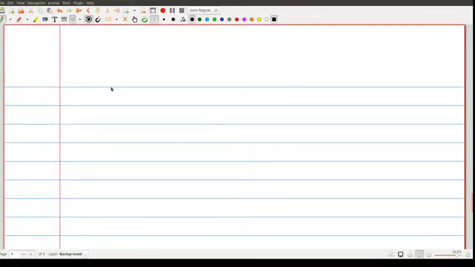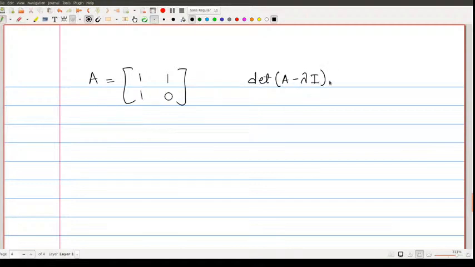Let's say we want to diagonalize A equals (1, 1; 1, 0). Let's try to find the eigenvalues and eigenvectors. For the eigenvalues, I have to solve the determinant of A minus lambda I equals 0. So I want to find the determinant of (1 minus lambda, 1; 1, minus lambda) equals 0.